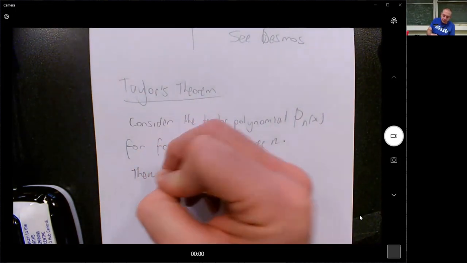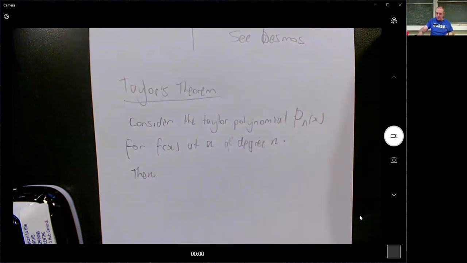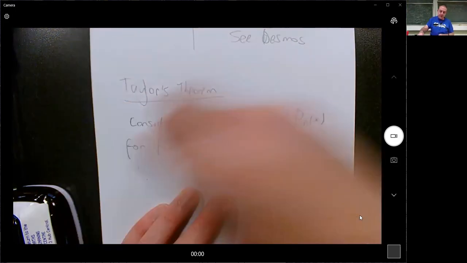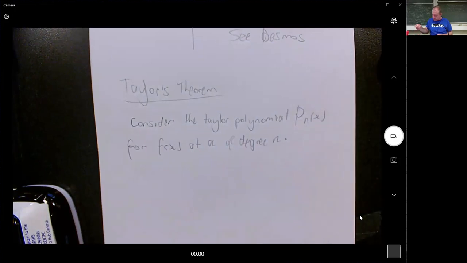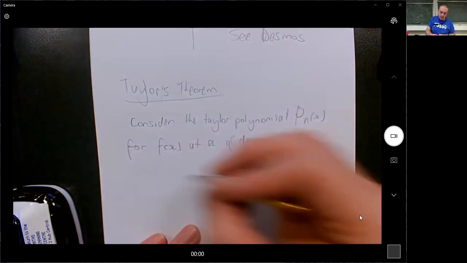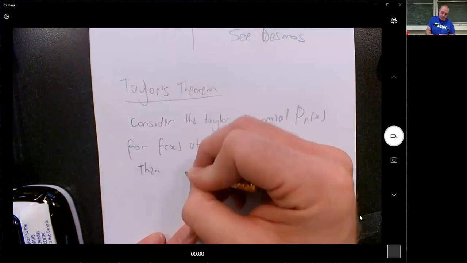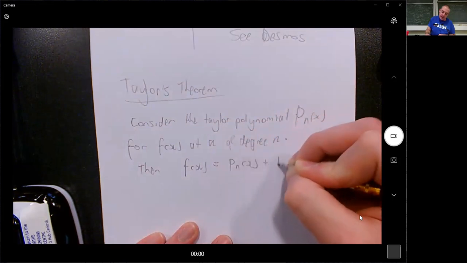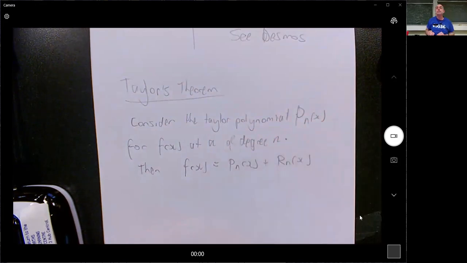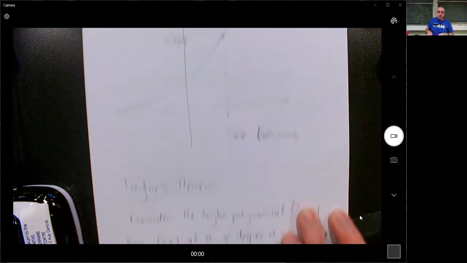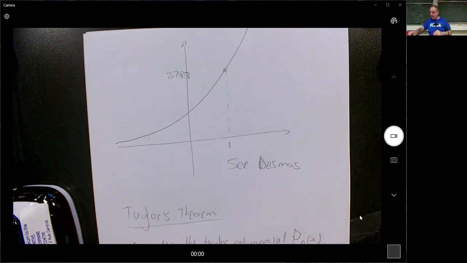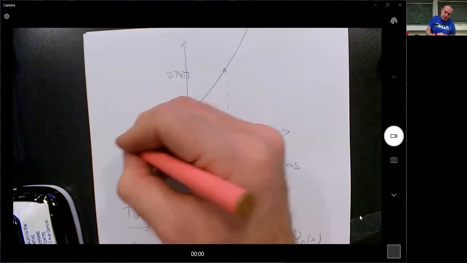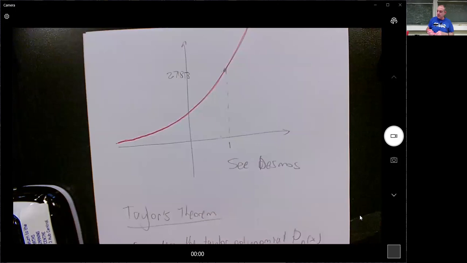Then, so first we're going to say what the error is. Then f of x will be equal to the polynomial and a bit. So in the graph I drew earlier, it was in red in the Desmos diagram, but I don't have red, so I'm going to do it in pink.